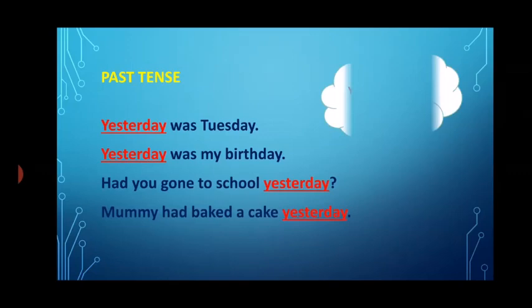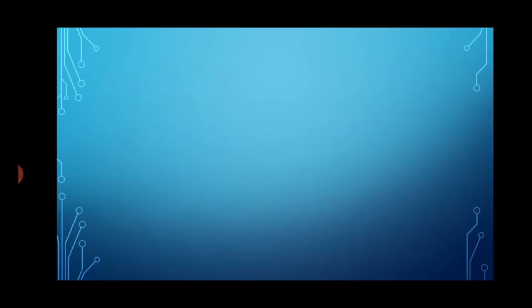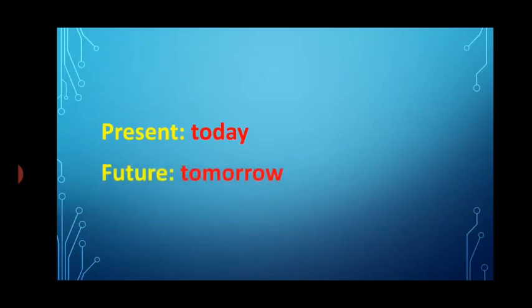So when you talk about past tense, you use the word yesterday. So this is how time is divided into 3 parts. Interesting, na? So remember, when we talk about present, we use the word today. When we talk about future, we use the word tomorrow.